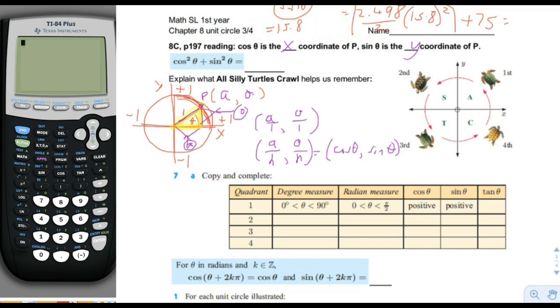Okay, and the other thing is cosine squared plus sine squared. If we look at this triangle here that we just drew, the purple triangle, we have the adjacent, opposite, and hypotenuse. So using Pythagorean's theorem, adjacent squared plus opposite squared is equal to the hypotenuse squared. Okay, now let's divide everything by hypotenuse squared.